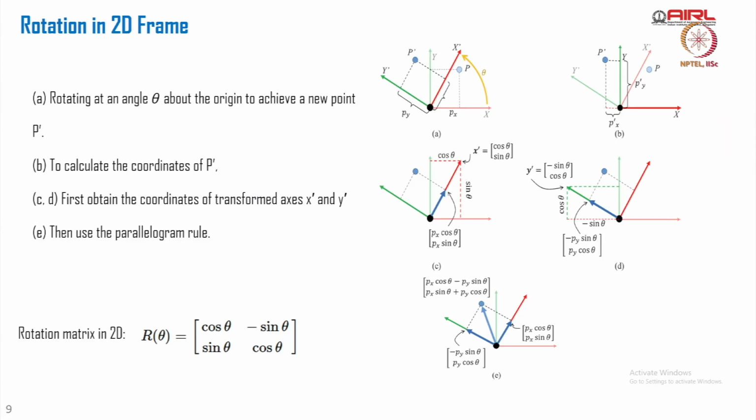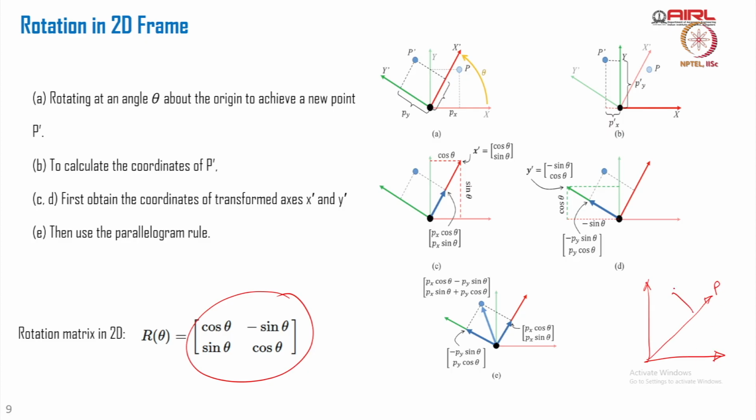Okay. Now we will perform a rotation in 2D frame. We will see how this particular rotation matrix comes about. You can see on the right hand side, the original figure was this particular x and y axis with a point P. This point can be represented as a vector also, that you have seen. This is the vector P in the original figure.